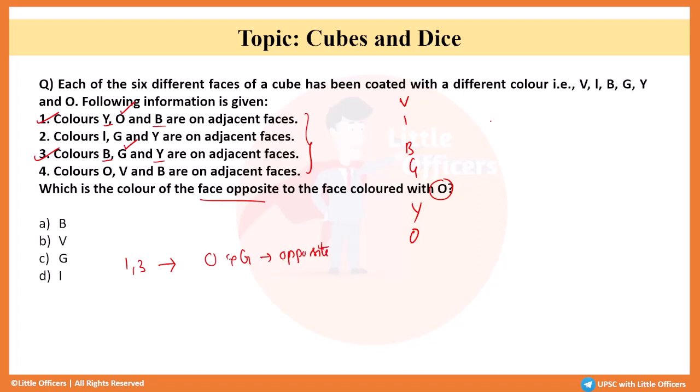So from 1 and 3, what we can conclude is O and G will be opposite to each other. Just simple visualization. See, if we draw the visual presentation of that first and 3, based on the information that is given there, you can say, suppose say this is the O color, then this is B and this is Y based on 1. Similarly, if you take another cube, ठीक है, and here also if you take which one common? Two things are common here.